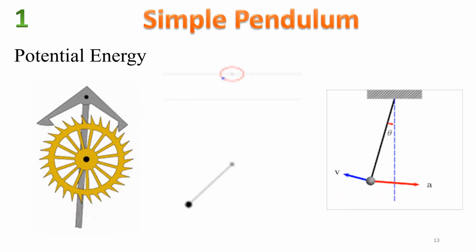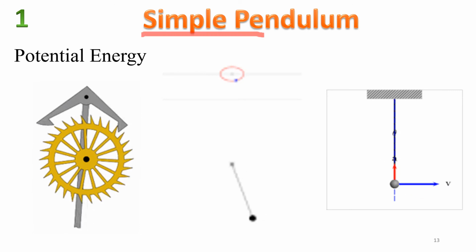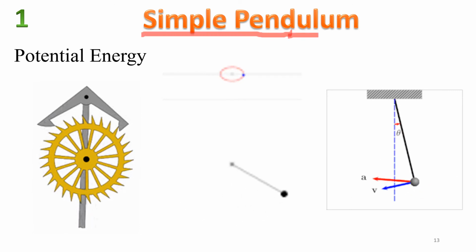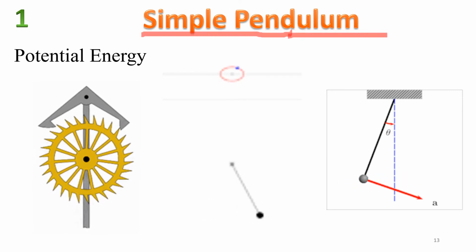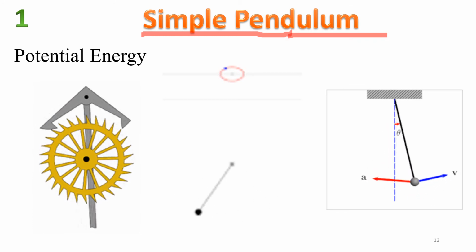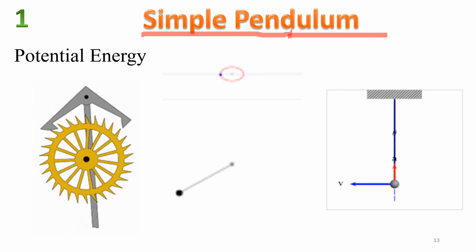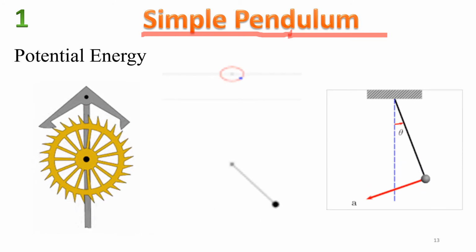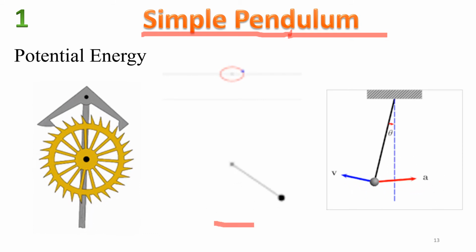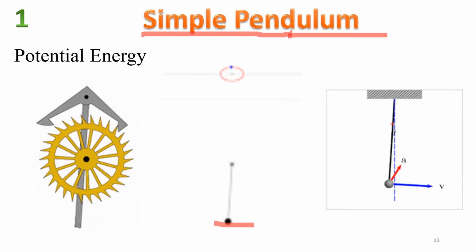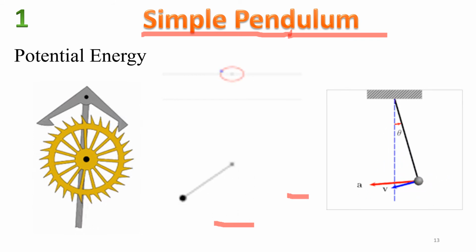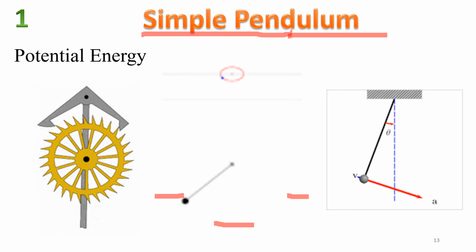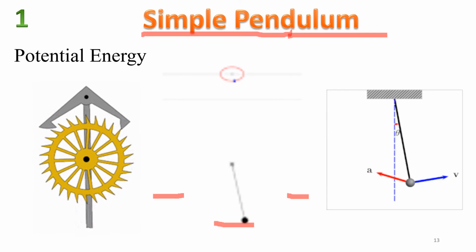Here you can see the example of a simple pendulum. A bob is oscillating about the mean position. So here you can mark the baseline. This is the baseline and this is the extreme line, and the other extreme is present over here.